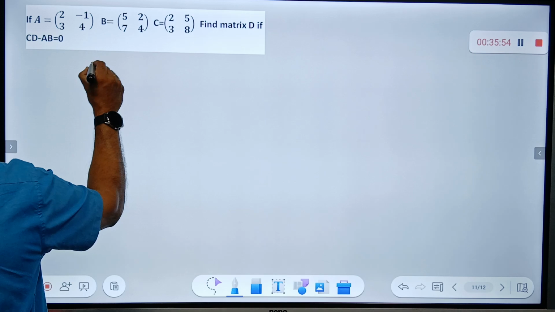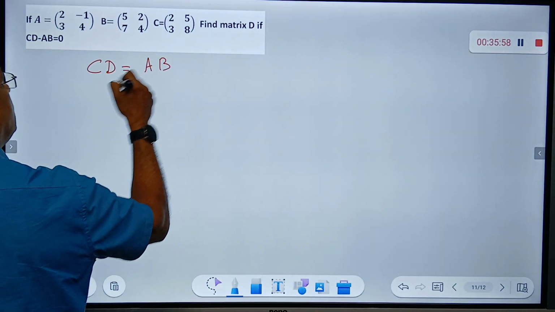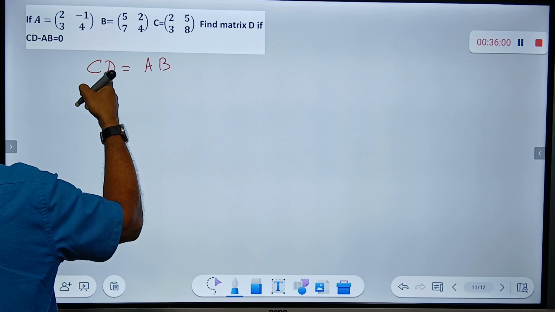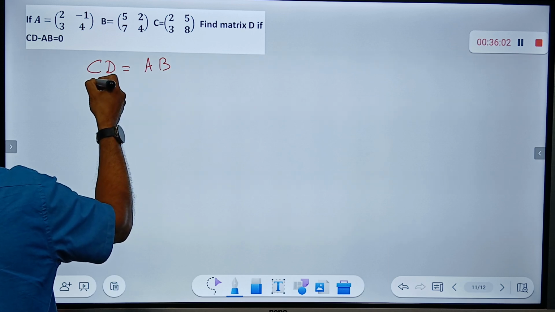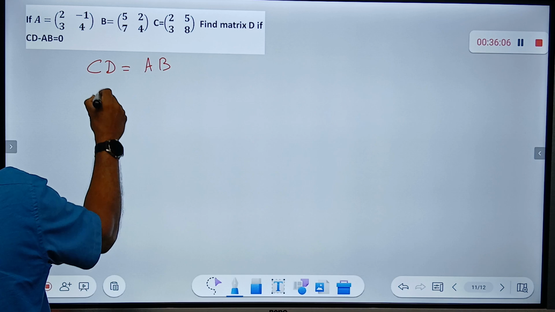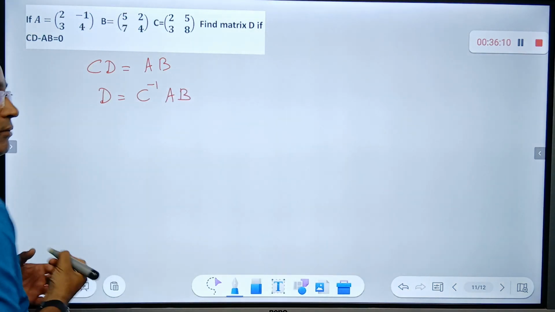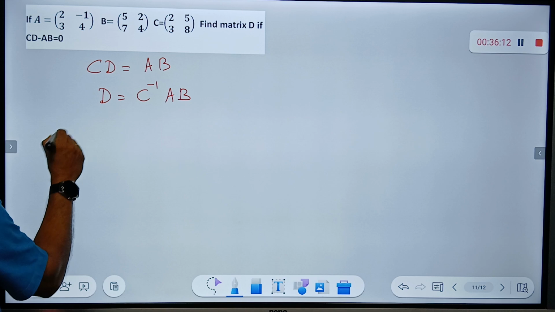Now, what you do is you write CD equal to AB. I want to find what? I want to find D, and C is on the left side of D. So D equal to C inverse AB, correct? So now you find C inverse.